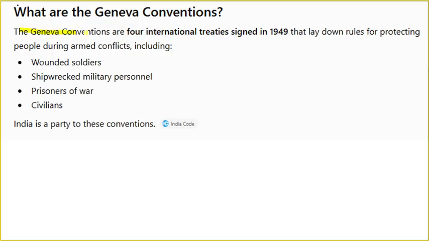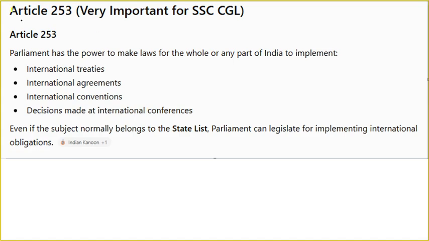Geneva Conventions are four international treaties signed in 1949 that lay down rules for protecting people during armed conflicts, including wounded soldiers, shipwrecked military personnel, prisoners of war, civilians. India is a party to these conventions. Article 253.